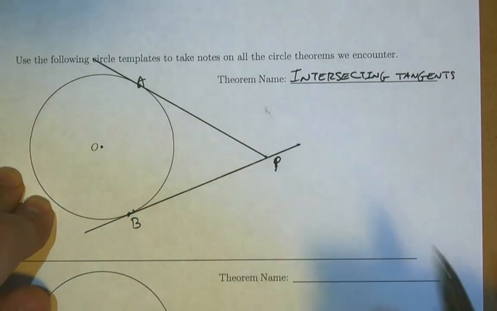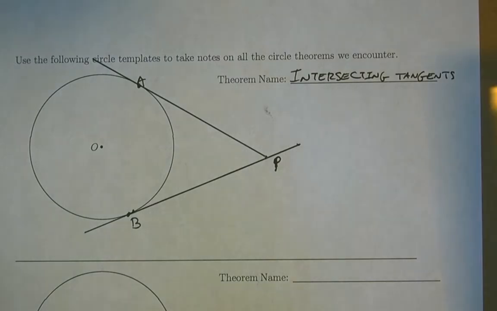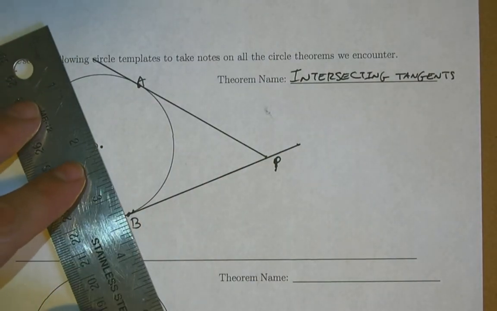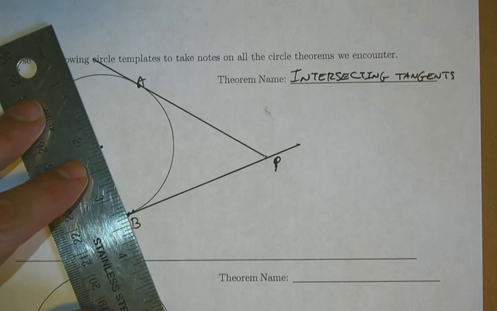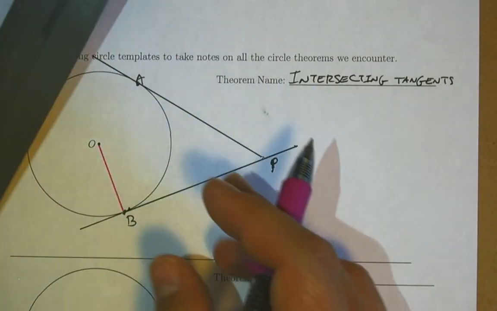Now, as I was showing you in the Desmos demonstration, what we're going to do here is draw in some radii. And radii are very useful for two reasons. One, for one circle, they are always the same length, so that helps us create some congruent line segments right away. And two, when we have tangents, we get to create right angles. Remember, that was the fact that we learned in the last video. So we're going to draw in a radius here, and another radius here.